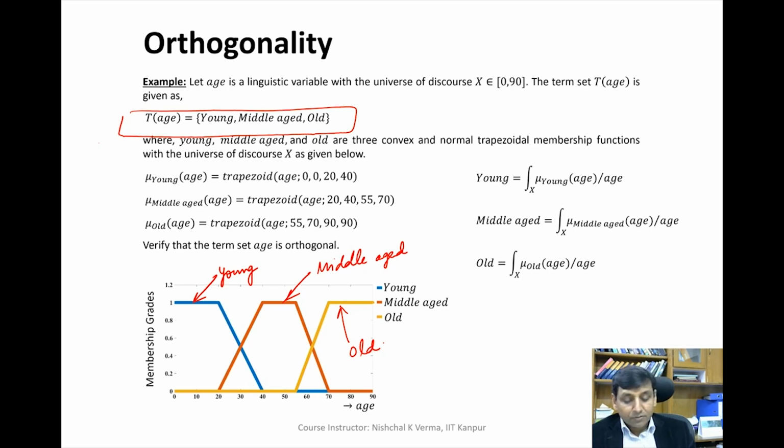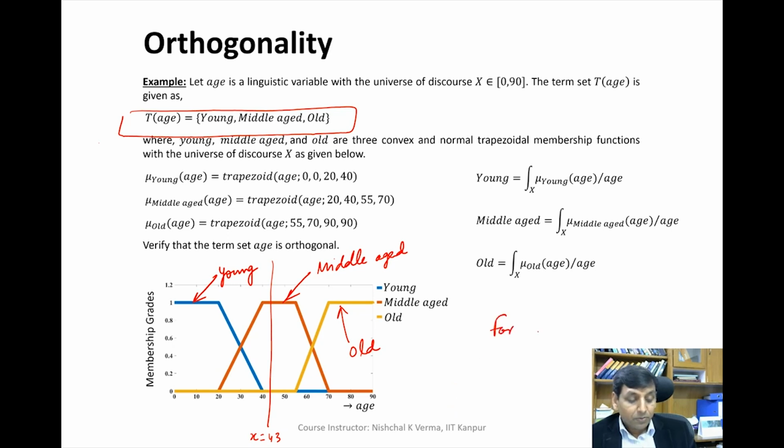So when we look at any point, let's say if we draw a line here, for x is equal to, let's say, 43. For 43 we have the membership values.